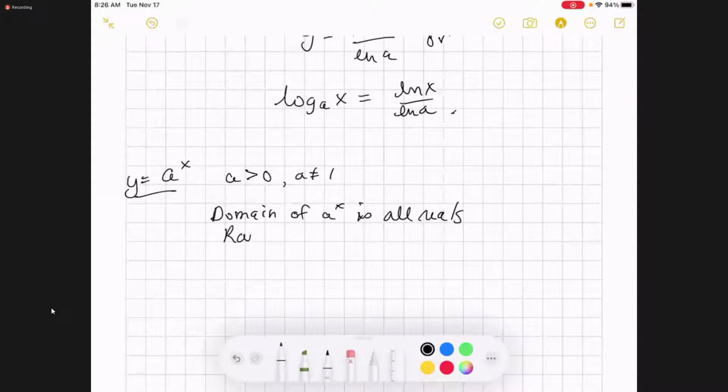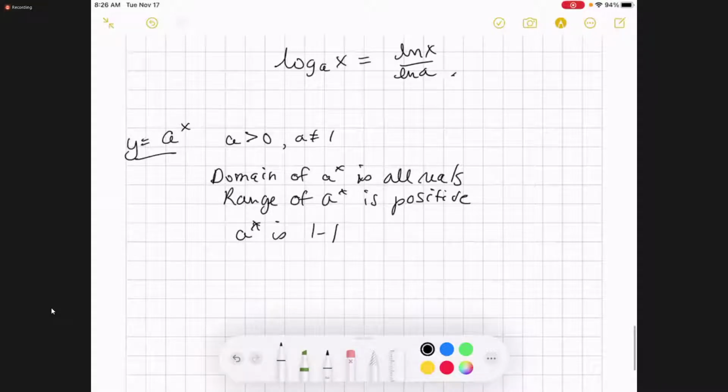The range is the positive reals. And a to the x is a one-to-one function. It's an increasing function if a is greater than 1, and it's a decreasing function if a is between 0 and 1.